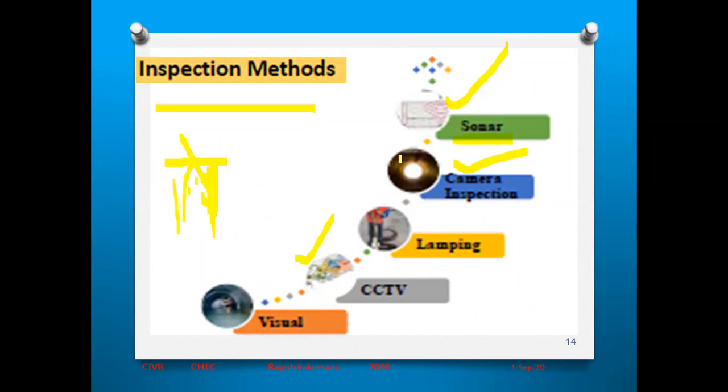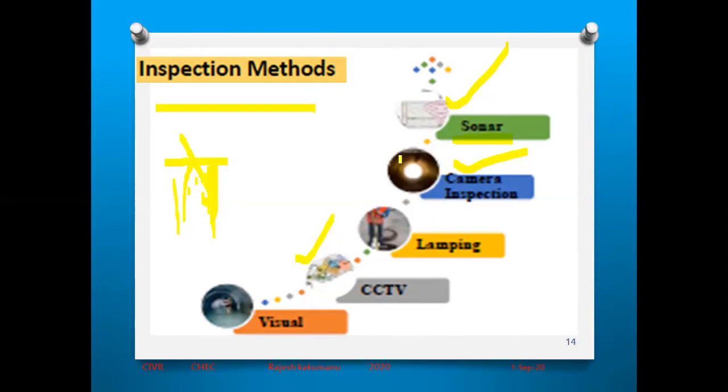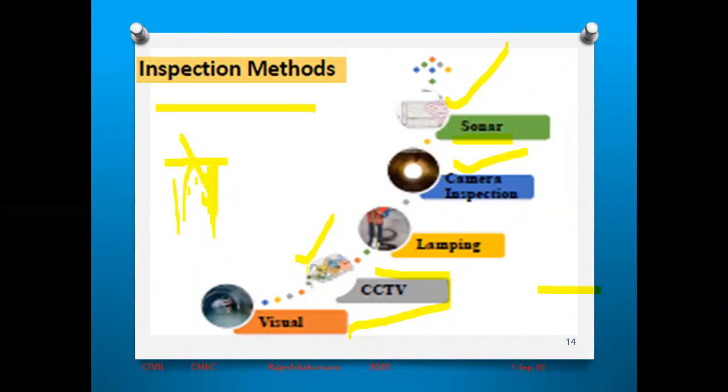You can place a CCTV arrangement in the pipelines and sit in the office room and see what's happening in the sewer pipeline. Next, the visual inspection method. Visual inspection is the very old and normal type.